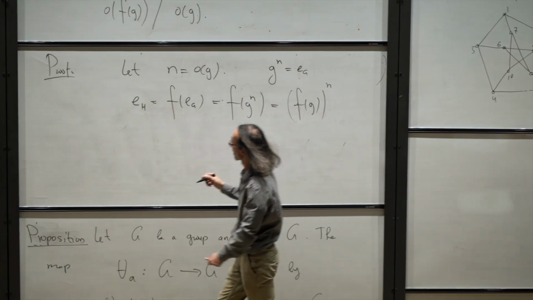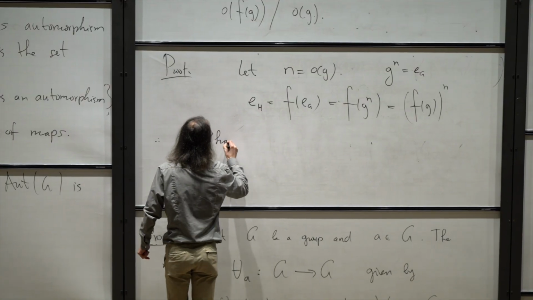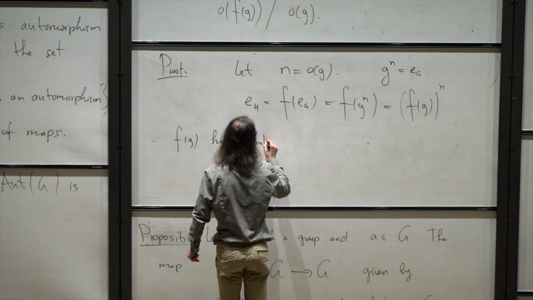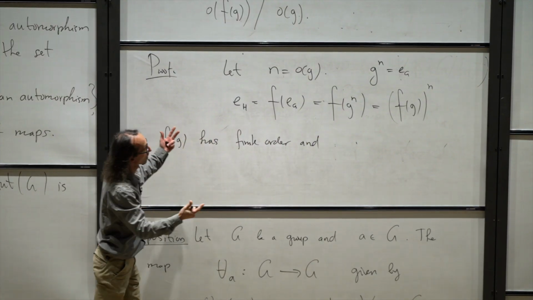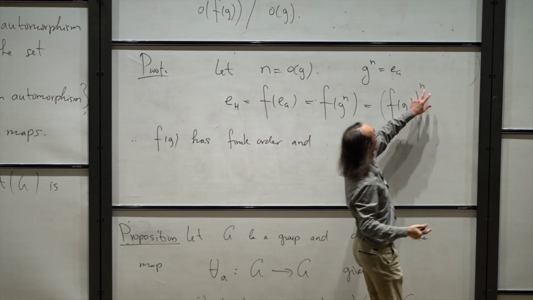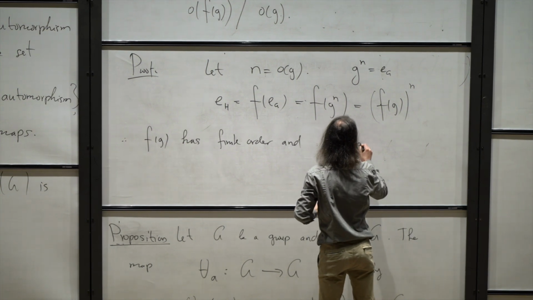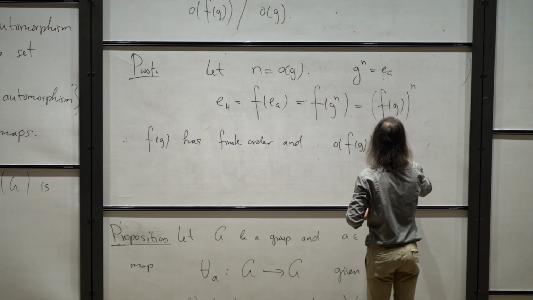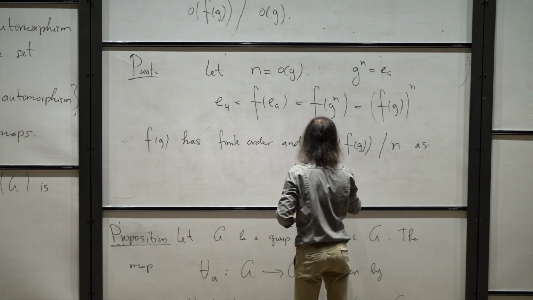And therefore f of g has finite order. And by the properties of the order of an element, the order of f of g divides n, as required.